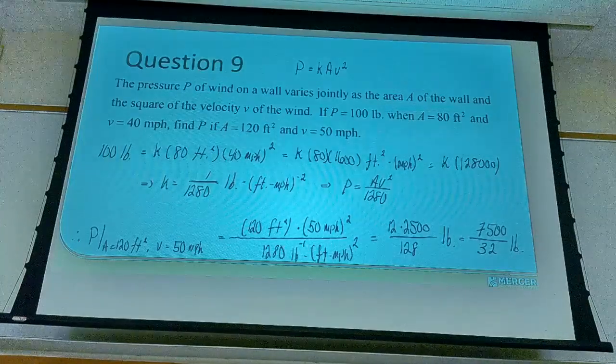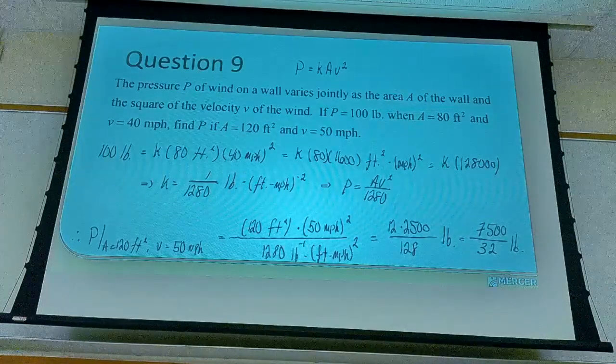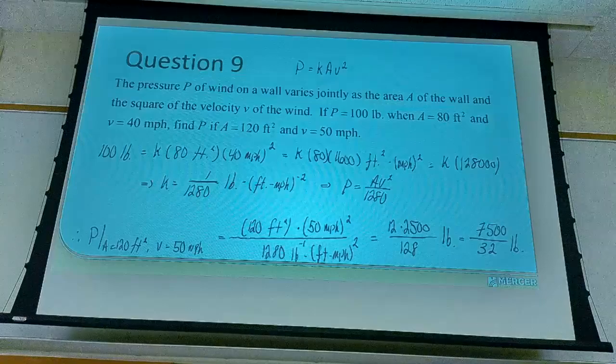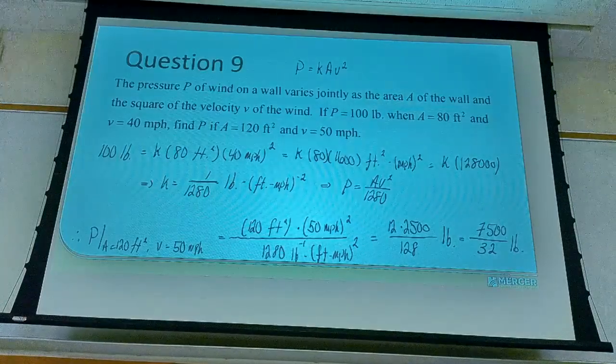At the very least, you can divide by 4. 32 divided by 4 is 8, so 7,500 divided by 4.